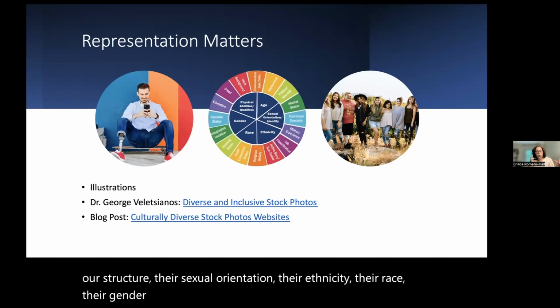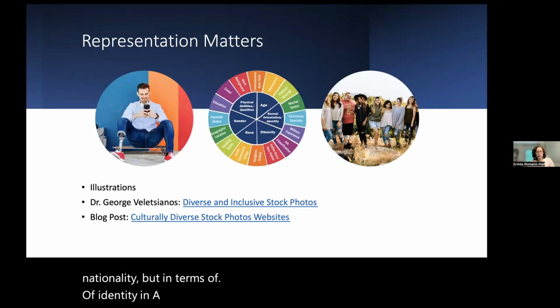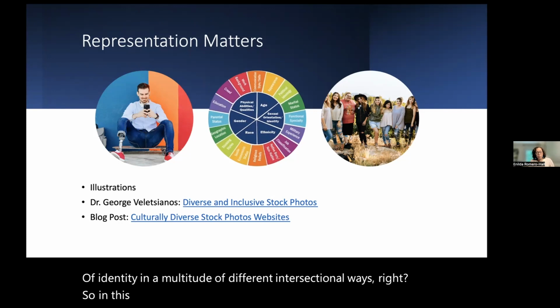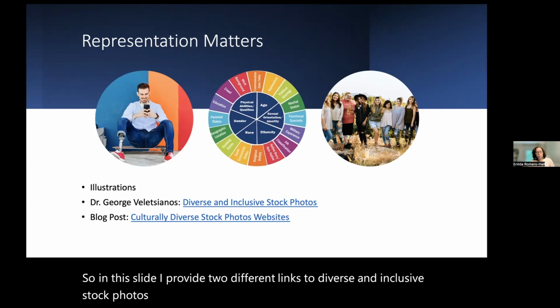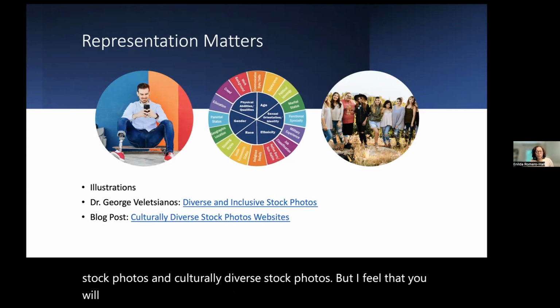So it's not only culture from the perspective of nationality, but in terms of identity in a multitude of different intersectional ways, right? So in this slide, I provide two different links to diverse and inclusive stock photos and culturally diverse stock photos that I feel that you will find beneficial.